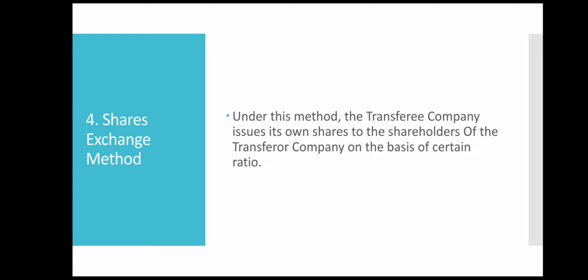Any ratio is applicable which is agreed by both the companies. It can be 2 is to 3, 4 is to 5, or 10 is to 31. Any kind of ratio can be fixed. It completely depends upon the companies. A ratio will be given to you, and on the basis of that you are going to calculate purchase consideration.